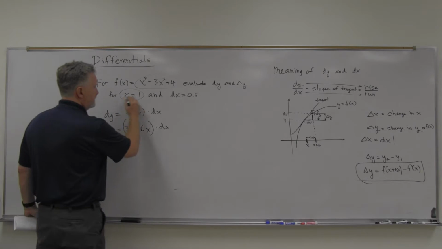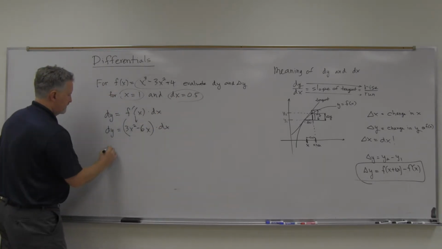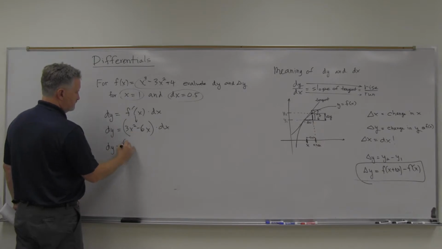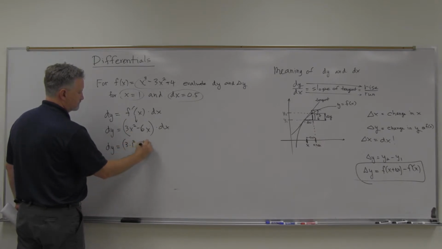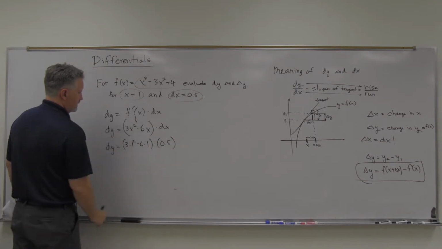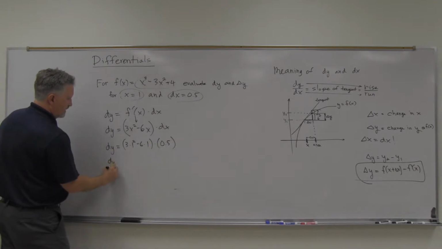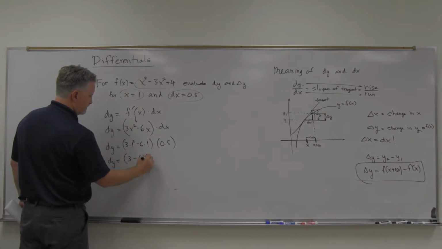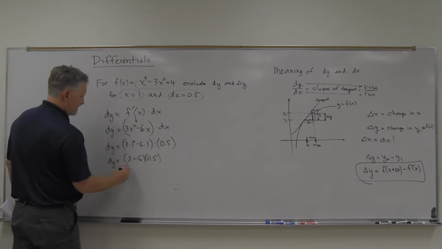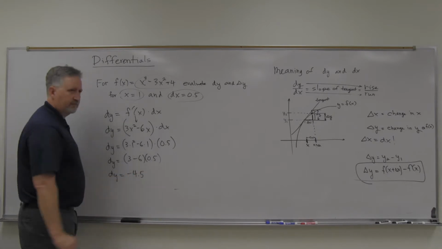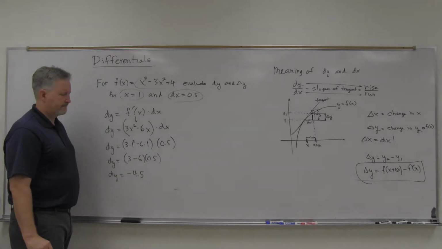When x is 1, dx is 0.5. So dy equals, plug in x to be 1 and dx to be 0.5. So we got dy is 3 minus 6 times 0.5. So it's negative 3 times 0.5. Is that negative 4.5? I think that's negative 4.5. Did I do that right?